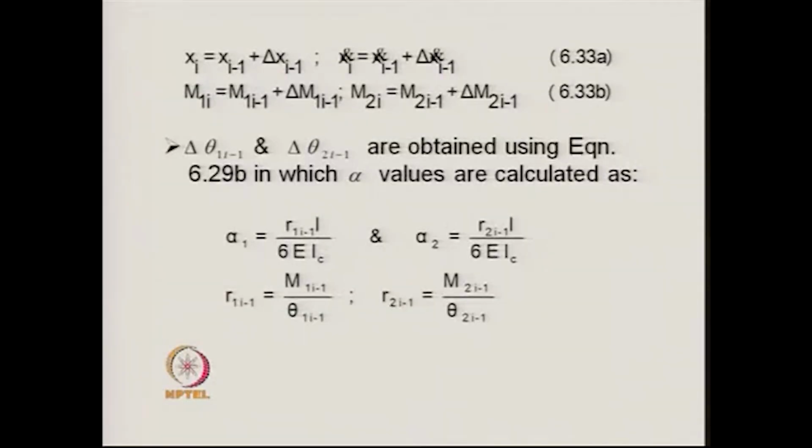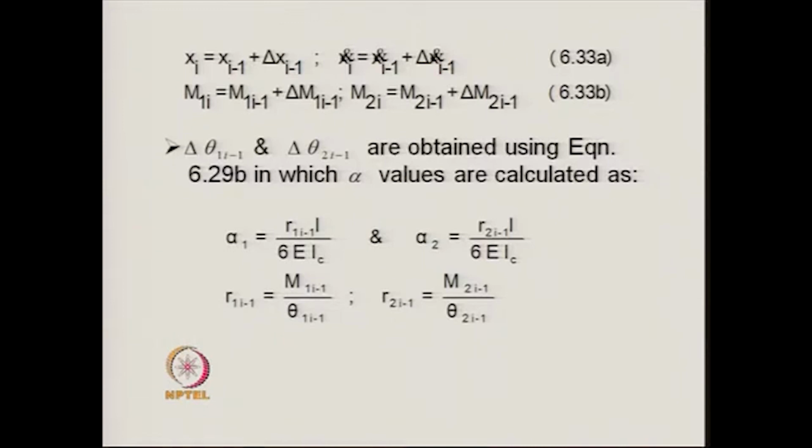Similarly, one can calculate the value of r 2 I minus 1 by dividing the moment existing at the I minus 1th time step for the second beam by the rotation that takes place for the second beam. And once we get the values of r 1 I minus 1 and r 2 I minus 1, those values are used to calculate alpha 1 and alpha 2 for calculating delta theta 1 I minus 1 and delta theta 2 I minus 1.